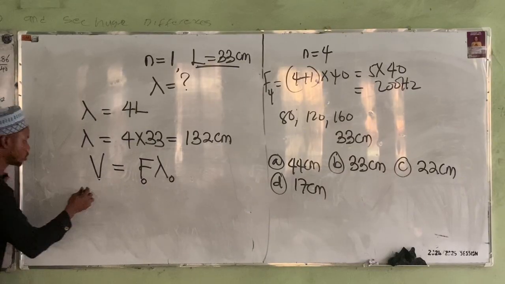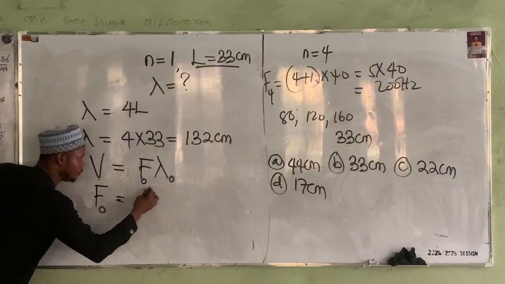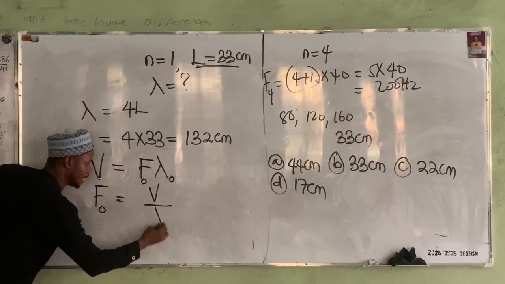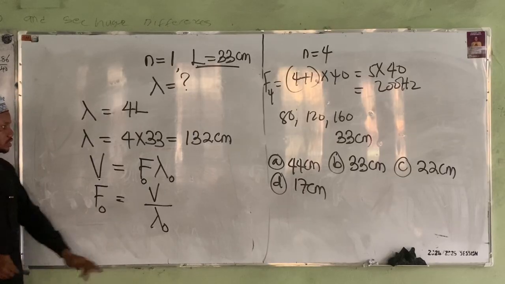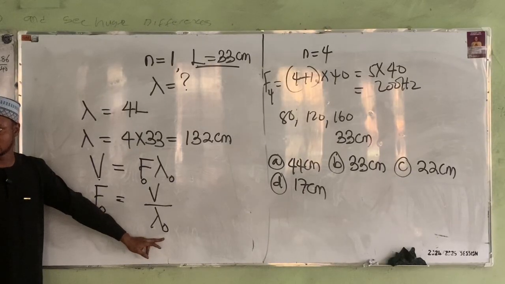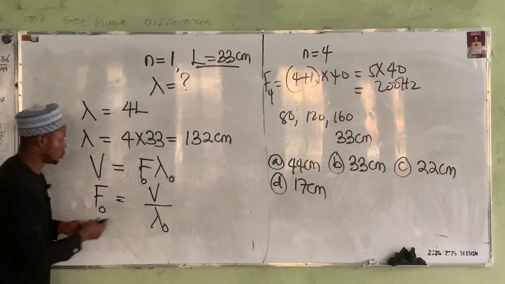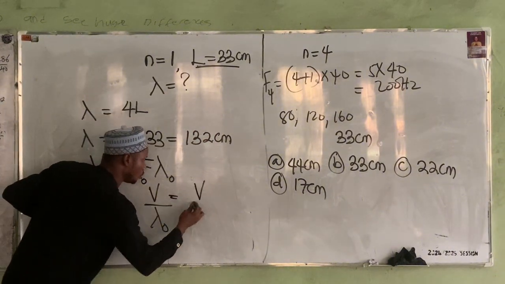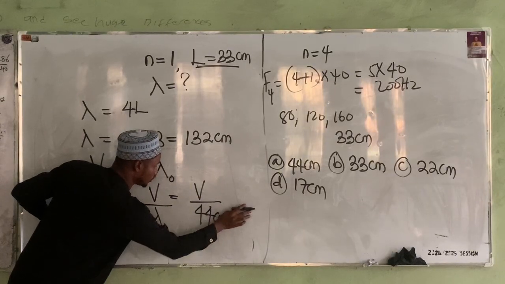F naught will be equal to V over lambda naught. Please take note. Do we have the value for lambda naught? Is there any lambda naught given to us there? Yes. Lambda naught is this fundamental wavelength here, calculated from the formula. So this will be equal to V over 44 in cm. Is it 44?